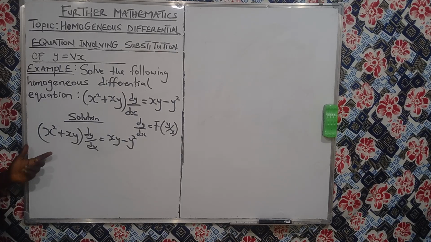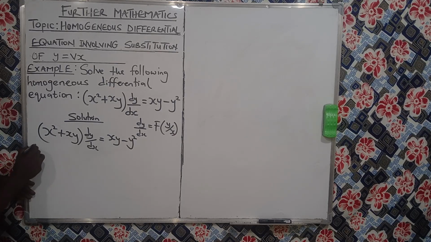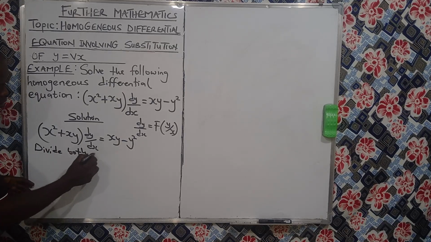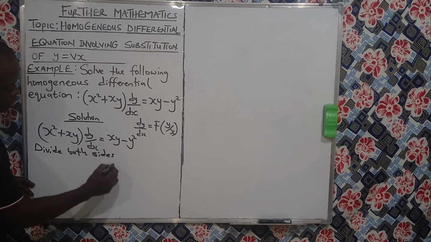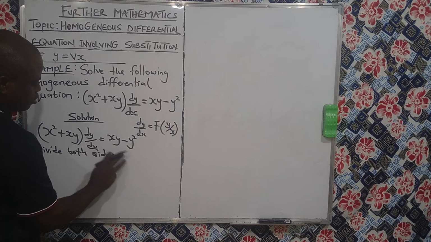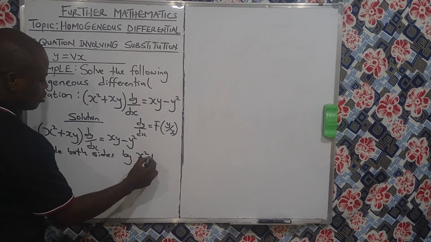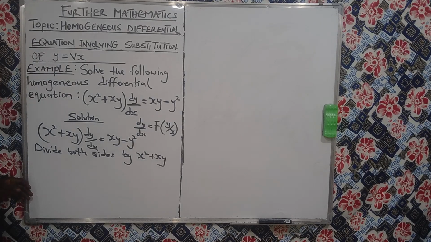Now, the next thing to do is to divide both sides of the equation by x squared plus xy.